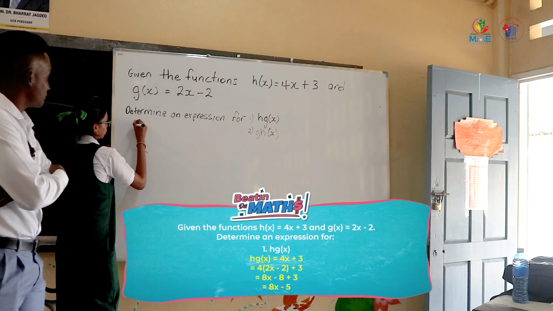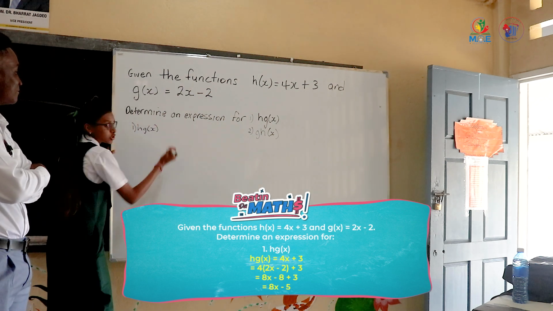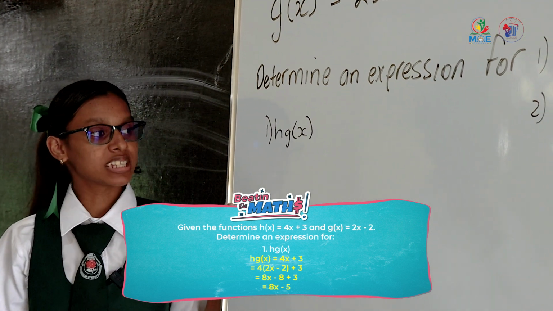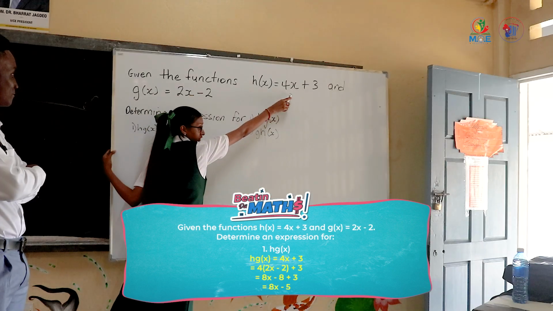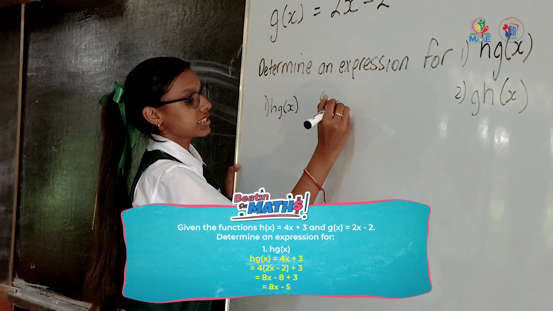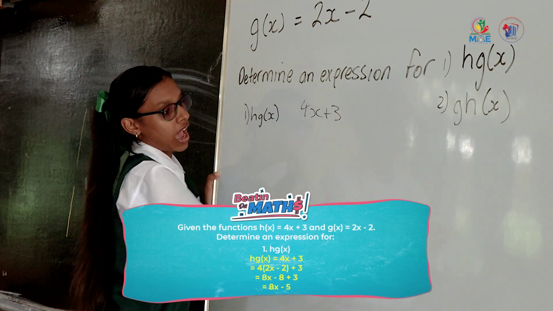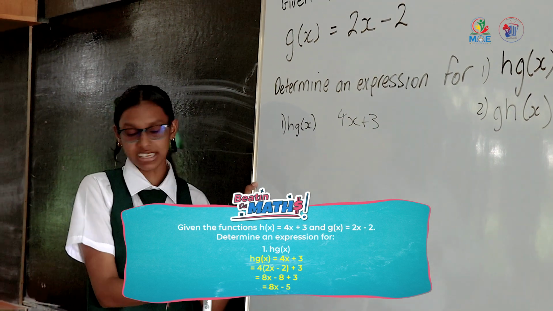So they're asking for hg of x, which means the first thing you have to do is put g in the value of this. This is our h value, and we need to put our g values into where the x is.